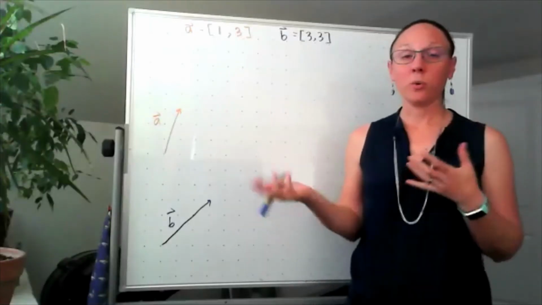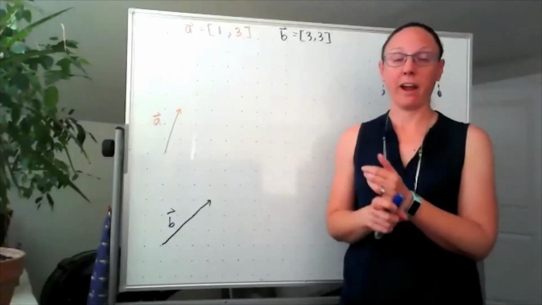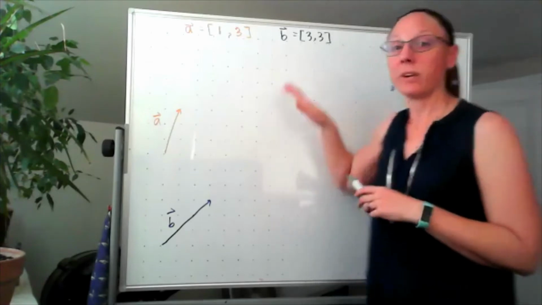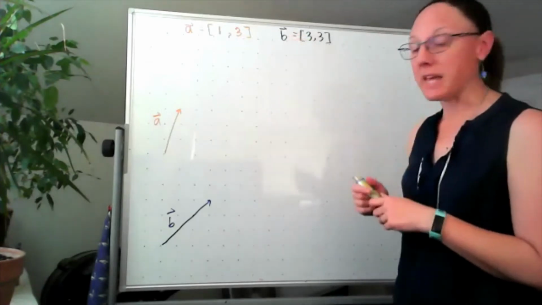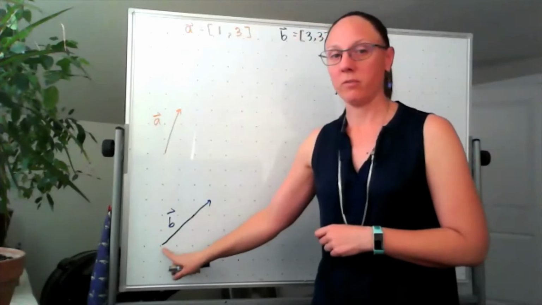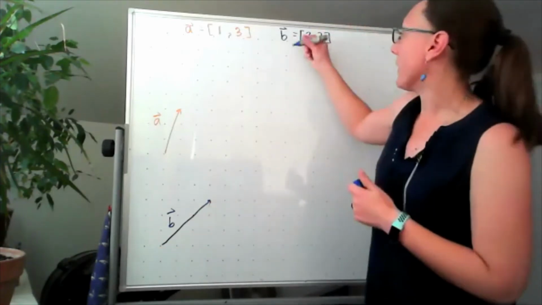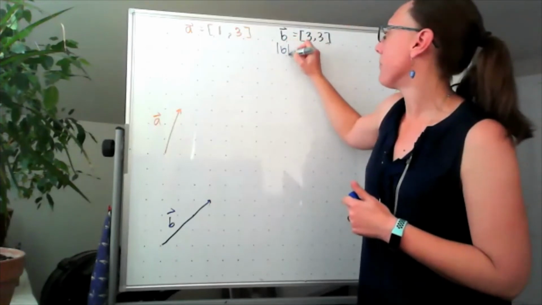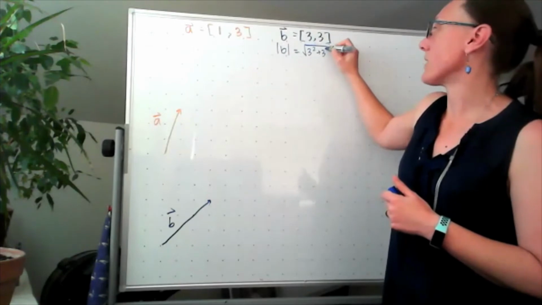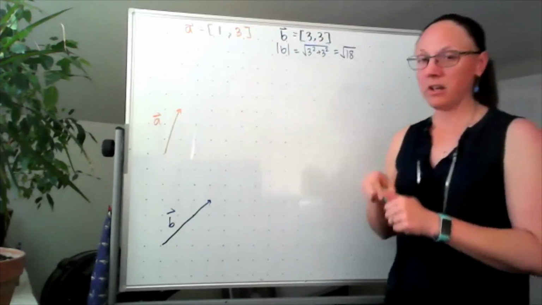So first of all, with these 2 vectors, lots of things I can find out already. We can figure out what the length of each of those 2 vectors are. So if I wanted to find the length of B, I would notice that it's the hypotenuse of a triangle where I'm 3 to the right and up 3. So the length of B is equal to the square root of 3 squared plus 3 squared, or the square root of 18.